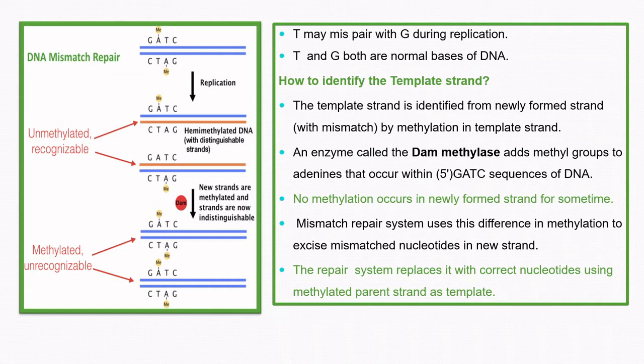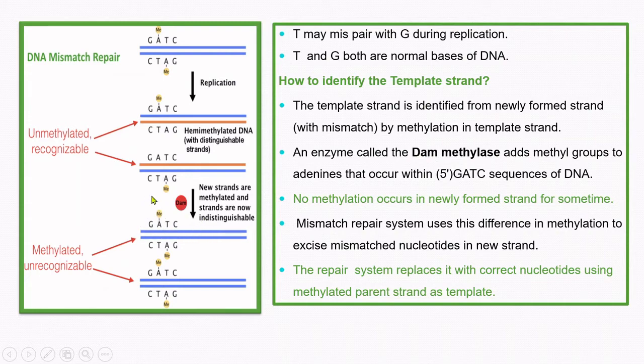The template strand is identified from the new strand with the mismatch by the presence of a methyl group on the template strand. You see, there is an enzyme called DAM methylase that adds methyl groups to the adenines in GATC sequences of DNA.